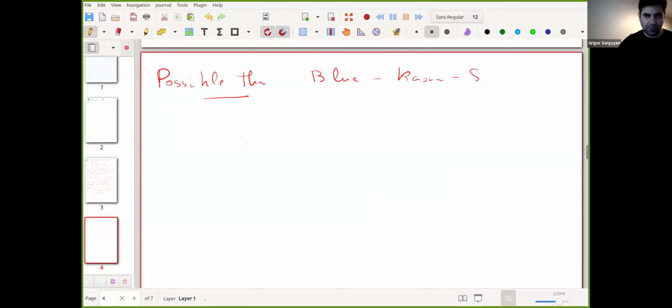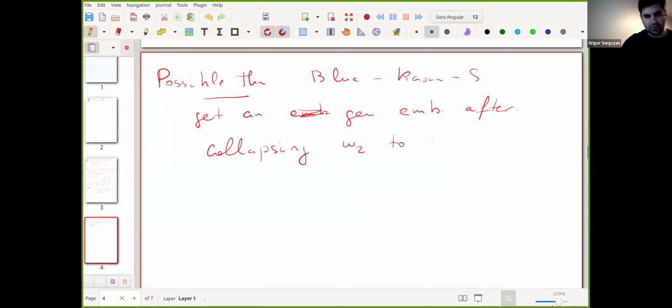We get a generic embedding after collapsing omega-2 to omega.